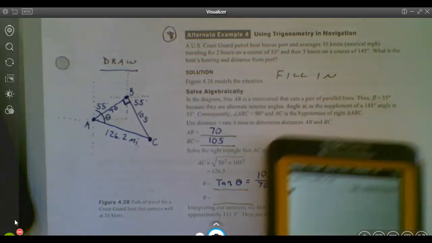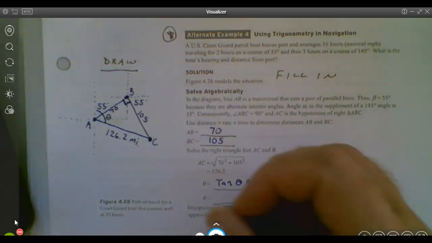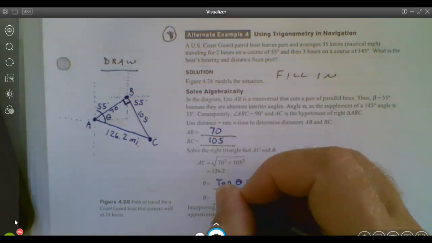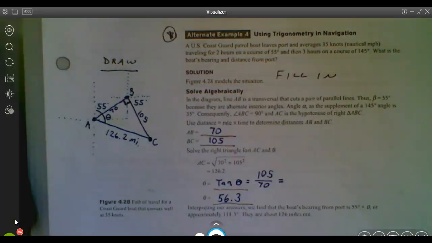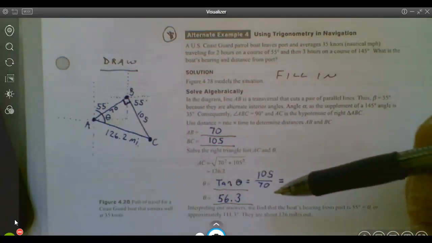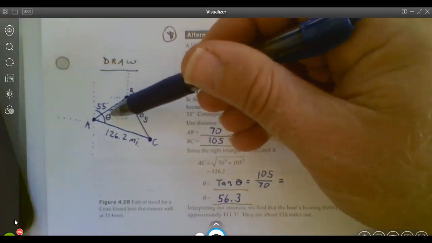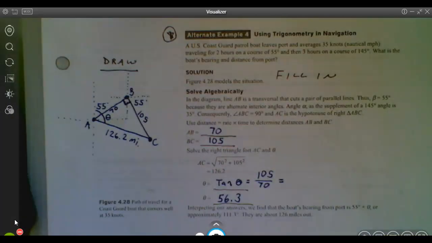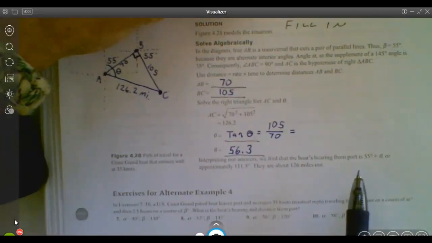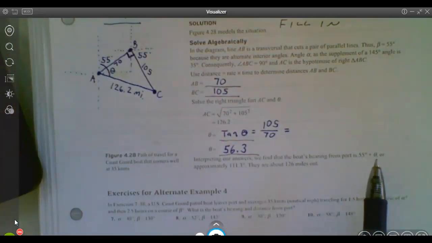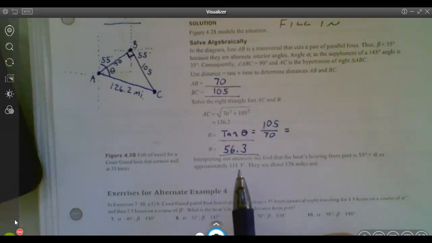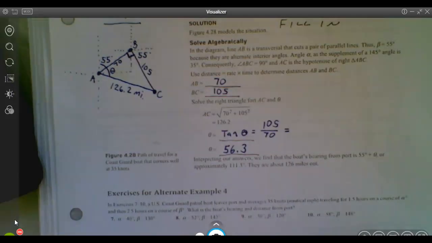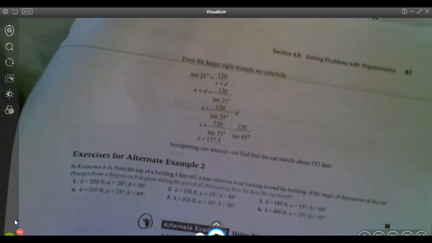So 56.3-ish for theta. So there's that angle. So now I can kind of finish this thing off and do my 56.3 plus 55 to get my complete bearing that we were looking for. And so that's what they did right down here in the final stage, is they added the 55 to what we just got in order to get the total value for the bearing. All right. Let me move on.